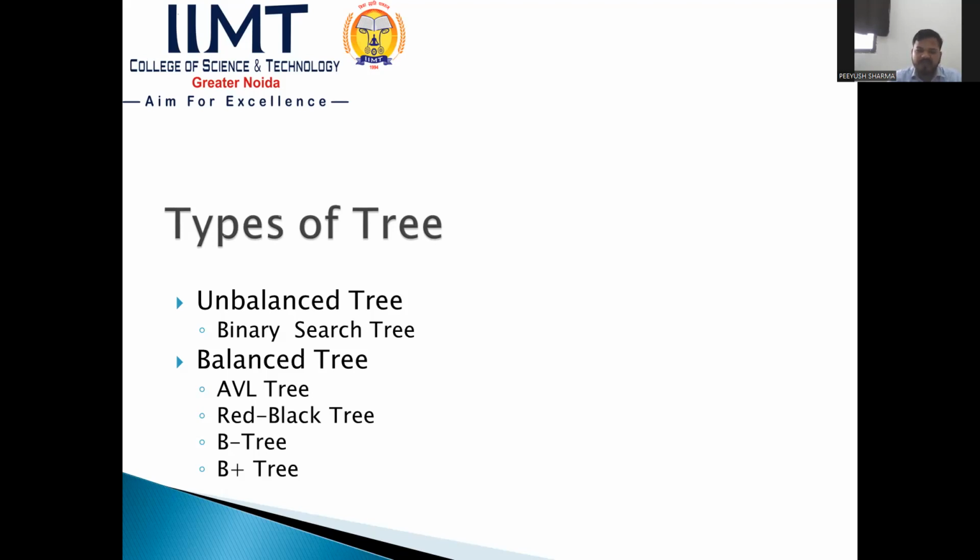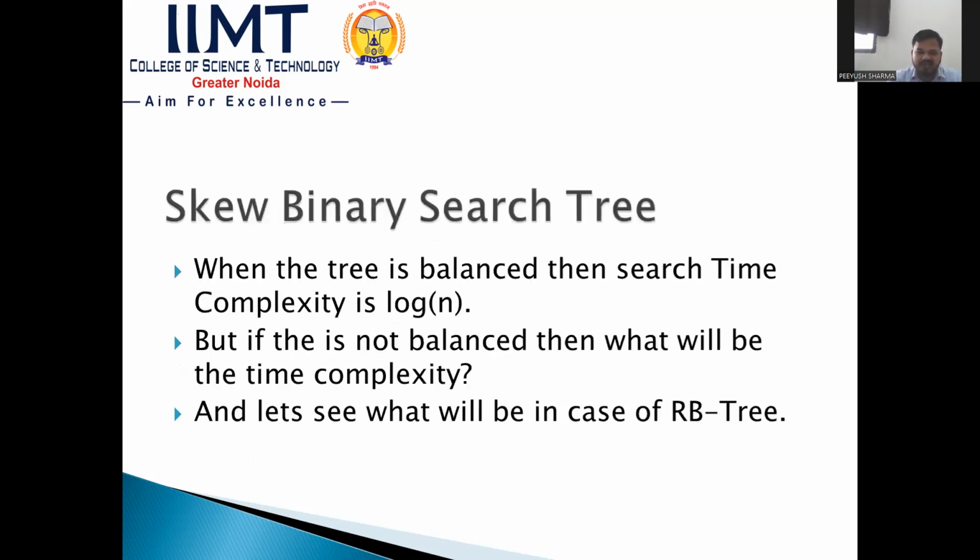So if we already have an AVL tree, then why red-black tree? What is the drawback of the AVL tree? There is a concept of a skew tree. First, what is a skew tree?